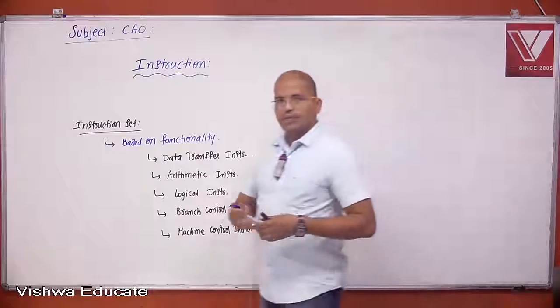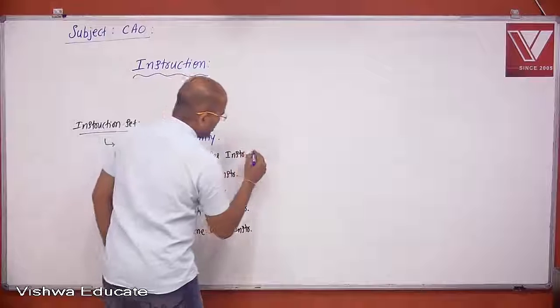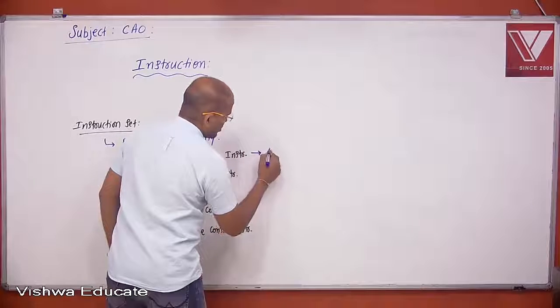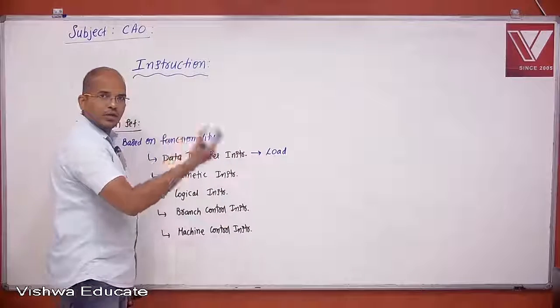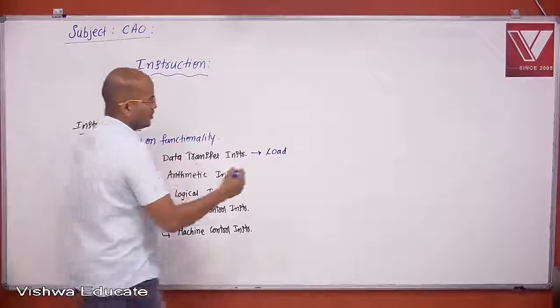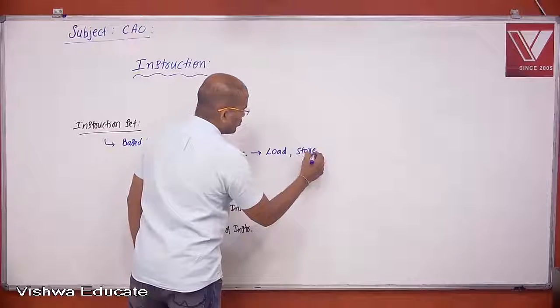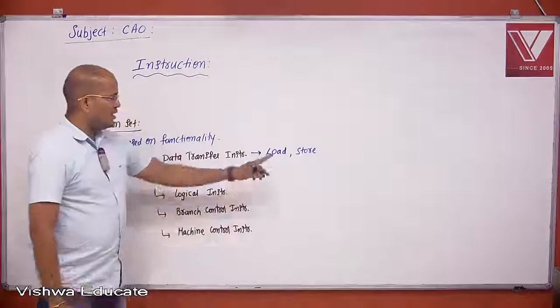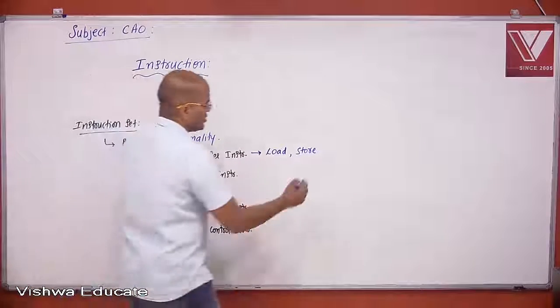So we say in data transfer we do two things only. First thing is we load data into R or M, or we store data. So any operation will be found between these two things only: load, store, and of course we exchange.